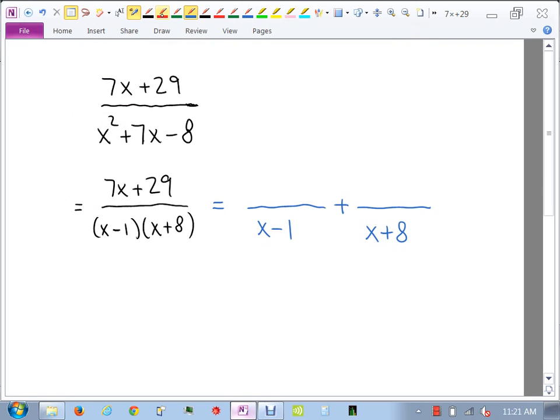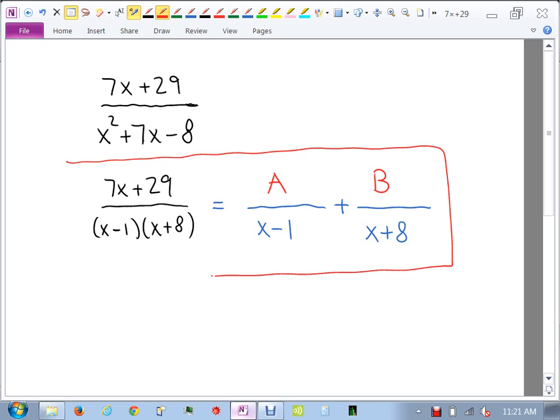So what I do is I call this up here A, capital A, and call this B. And look at this equation. I want those two to be equal to each other, right? And whenever you have an equation, you're allowed to multiply both sides of an equation by anything you want. So I'm going to multiply both sides of this by the LCD.